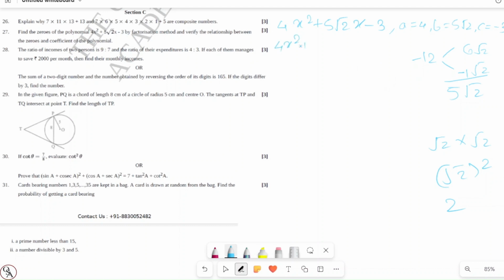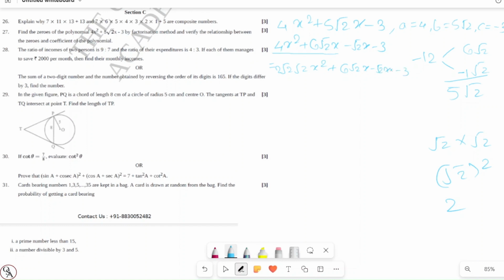So 4x square plus 6 root 2x minus root 2x minus 3. From this term I need root 2 out as well, but first I have to factorize the 4. For the 4, I will write it as 2 into root 2 into root 2, so 2 root 2 x square plus 6 root 2 x minus root 2 x minus 3.